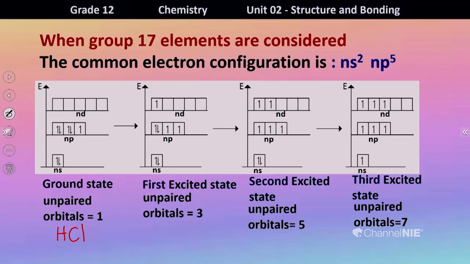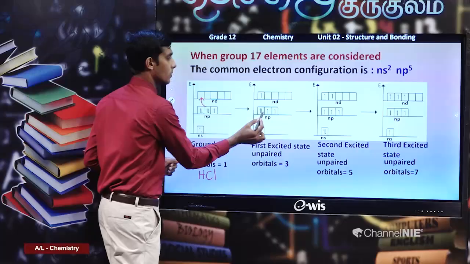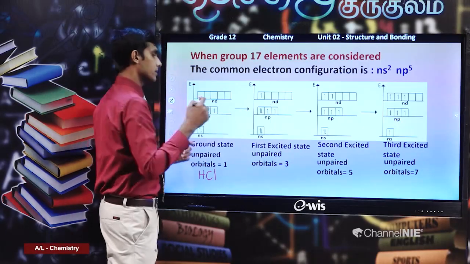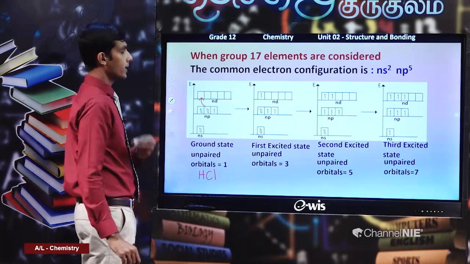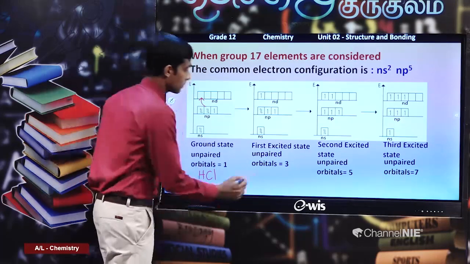These d orbitals are not there in fluorine, but other halogens like chlorine, bromine, iodine have these d levels also. If I consider the shifting of 1 p electron to the empty d sublevel, then you will get a situation like this where you have 3 unpaired orbitals. That means it can now form 3 covalent bonds.